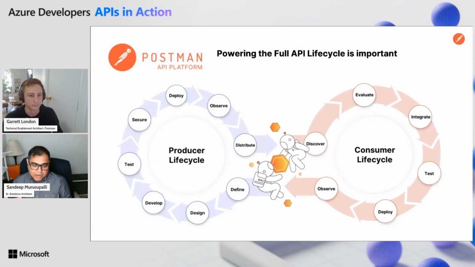In terms of bringing Postman into the Azure ecosystem context, this is the life cycle that we see a lot of APIs go through. If you're a producer, you start with defining your API.